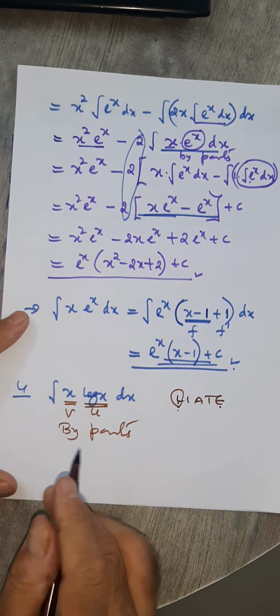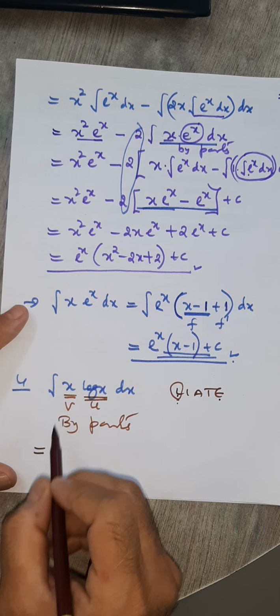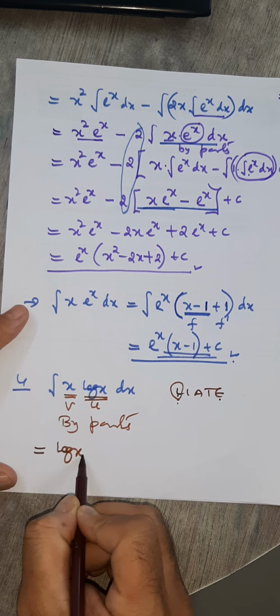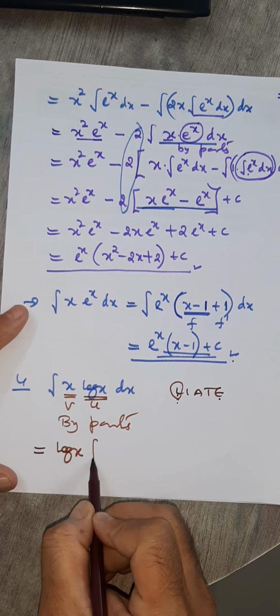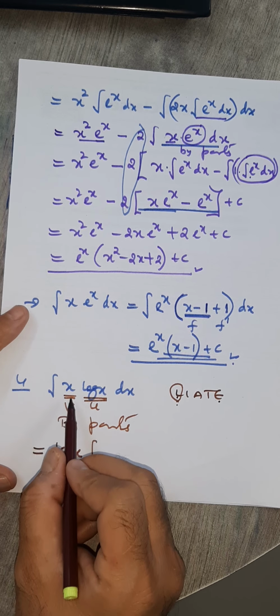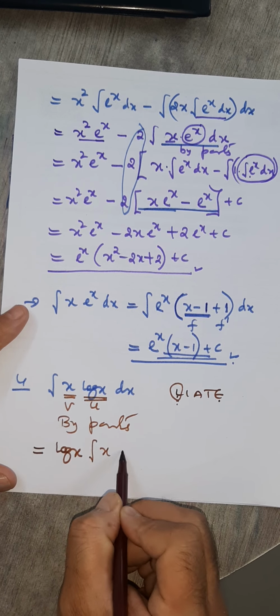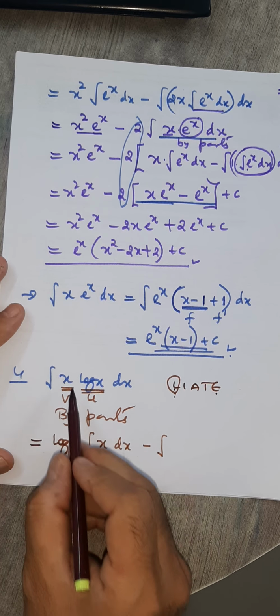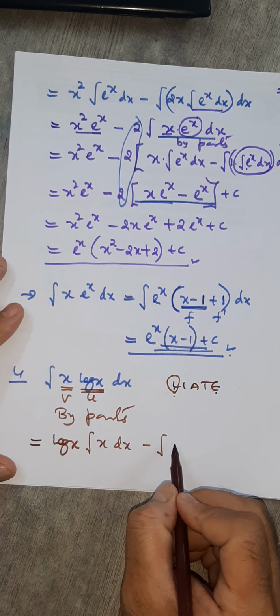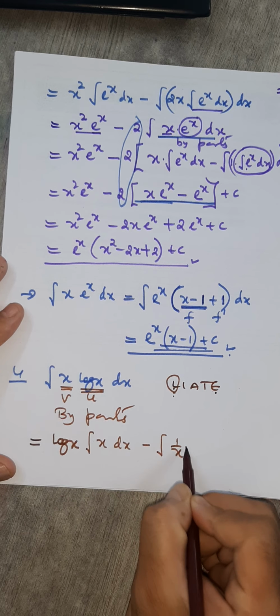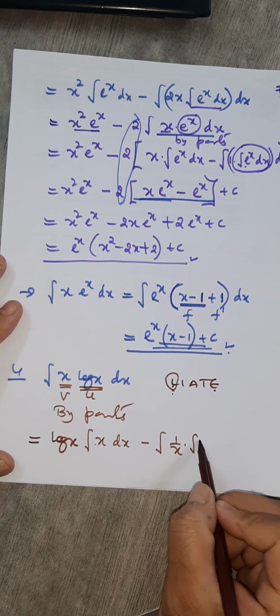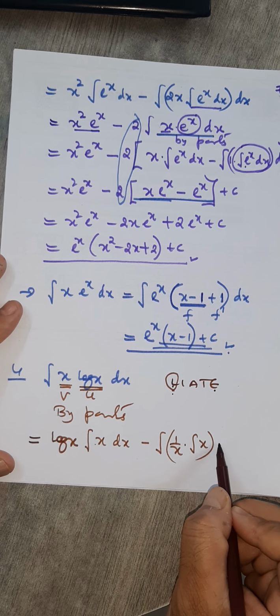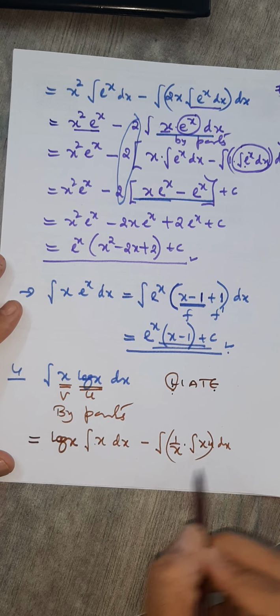What is integration by parts? Log x will come out, u will come out. Inside the integral, you have x minus, inside the integral, the differentiation of u, that is log x, which is 1 upon x, into the integral of v, which is x, and then whole dx.